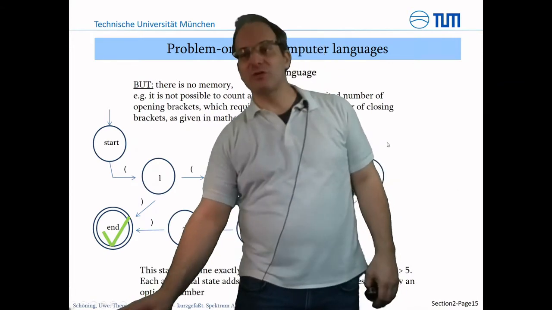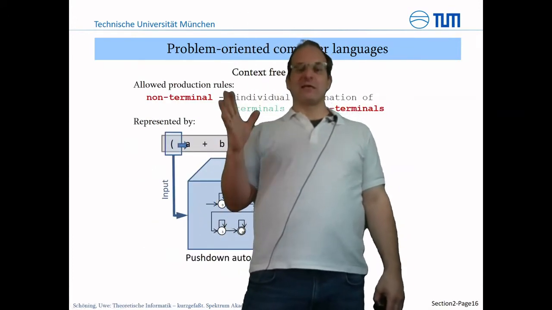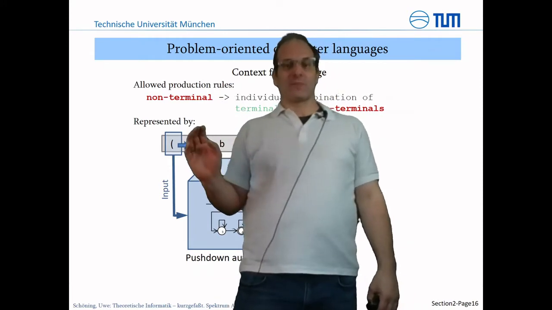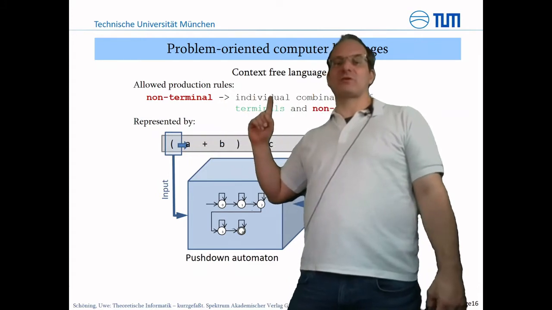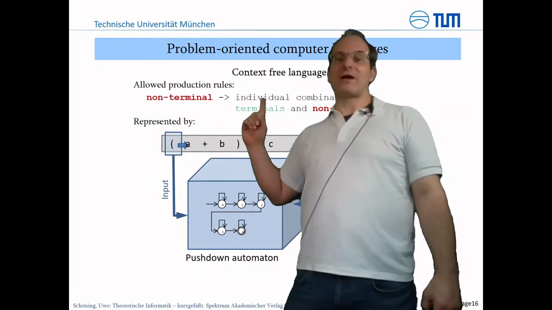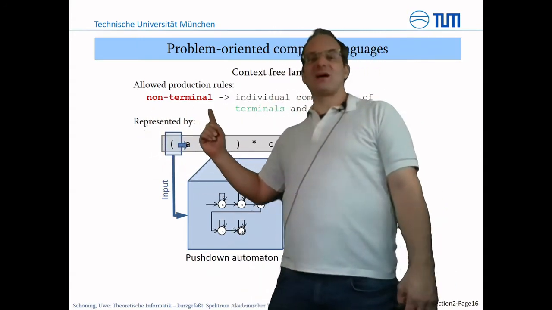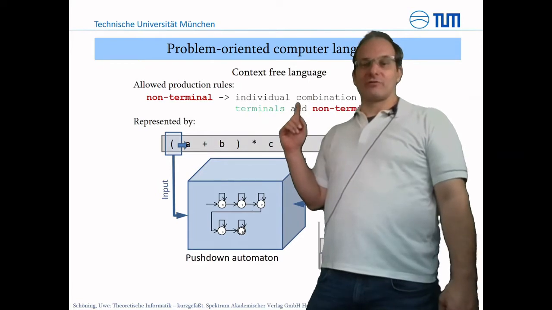So we have to go to the next possibility, and the next possibility is an extension of these simple rules. If you remember, we had non-terminal replaced by terminal and non-terminal, or by terminal. What we now do is replace a non-terminal by a sequence of terminals and non-terminals.